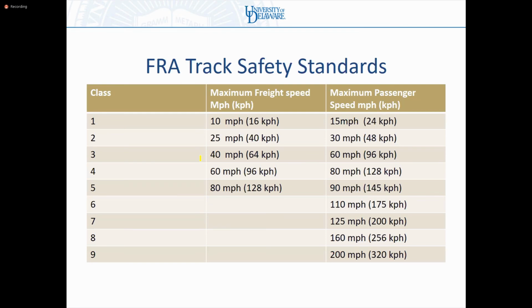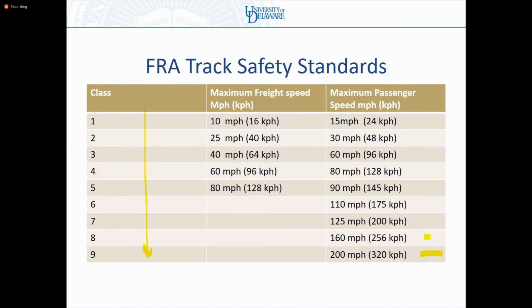Like in the United States, and it's this difference around the world, in the United States, we have 9 classes of track. Speed is broken up into 9 categories. Each class has its own set of safety standards. So for passenger equipment, the highest standard of track is 320 kilometers per hour, of which we have no such track in the United States because we don't run that fast.